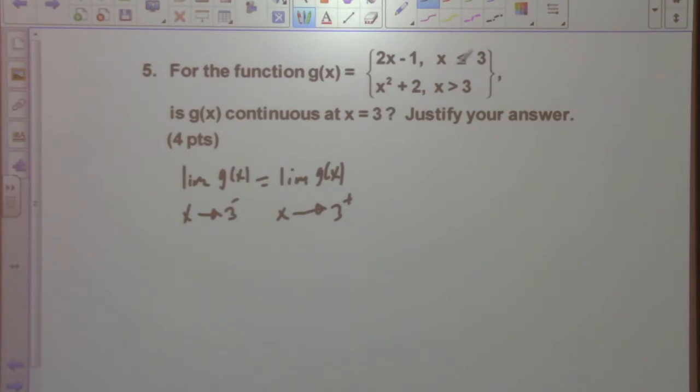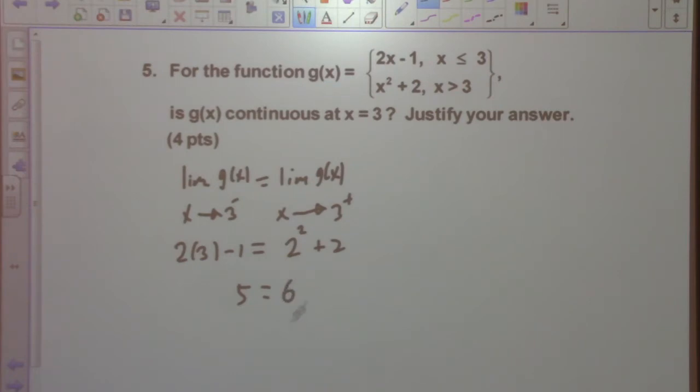Yes. And it's going to be actually equal to the left side. So we have that. So we're going to just have to figure out if the limit exists. And so we plug in 3. So we get on the left side 2 times 3 minus 1 equals 5, and on the right we have 2 squared plus 2. I'm getting 5 is equal to 6. Is that right?